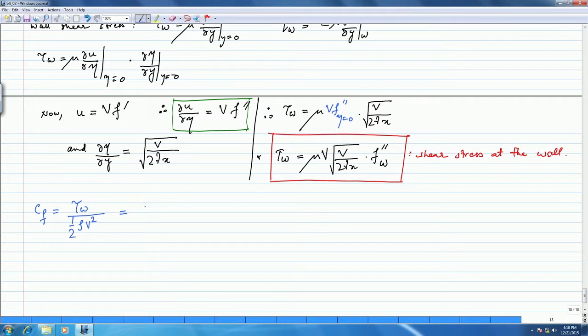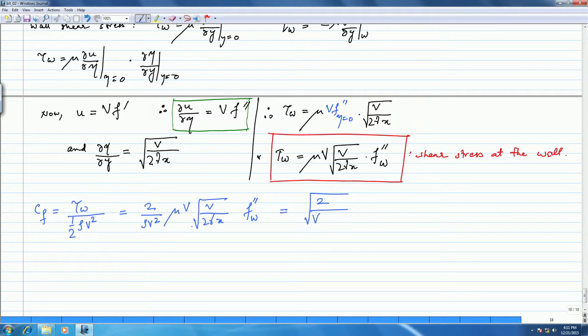So, then I will write this as 2 by rho v square, and I will put in the expression for the tau wall that we just wrote out. If I do that, then I get nu v by 2 nu x into f double dash. If this is true, then this is equal to under root of 2, by v.